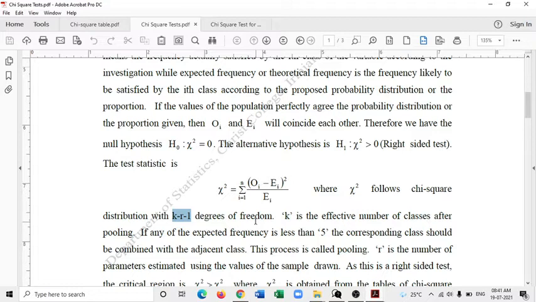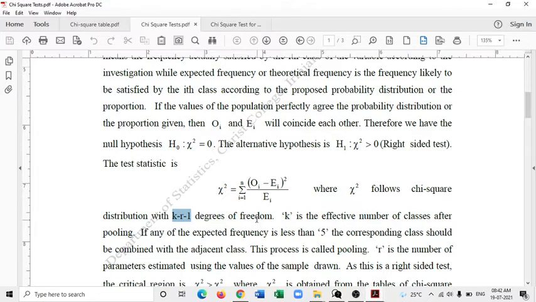In the case of testing the validity of a proportion, we don't need the data to estimate expected frequencies, and therefore r will be 0. Generally speaking, k minus r minus 1 is the degrees of freedom, where k is the number of classes after pooling, and r is the number of parameters determined using the sample.